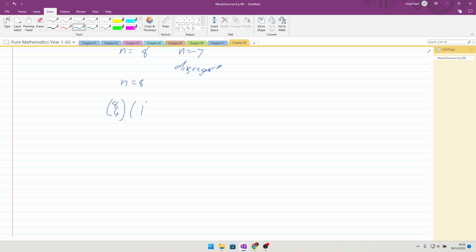Then it would be 1 to the power of 8 minus 4, times (x over 2) to the power of 4. 8C4 is 70, times 1 times x to the 4 over 2 to the power of 4, which is 16, and so 70 divided by 16 is 35 over 8.